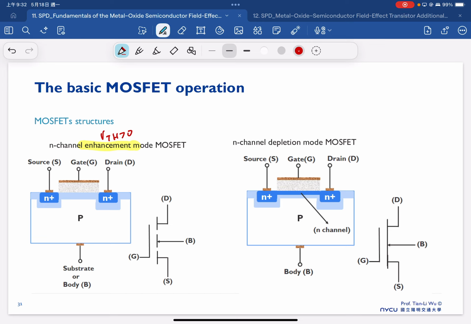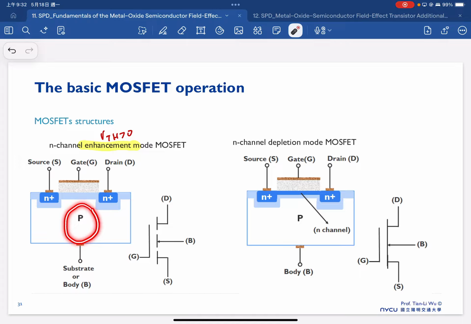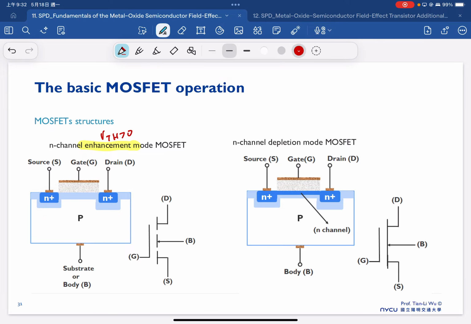The basic operation is that we still have the p-type substrate here, and then we have the source and drain, and then the gate side, and we need to apply the gate voltage VG larger than VTH. Once we apply the gate voltage larger than the threshold voltage, we will have electrons inverted in the channel.